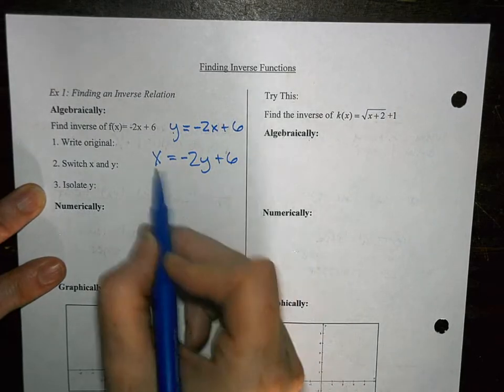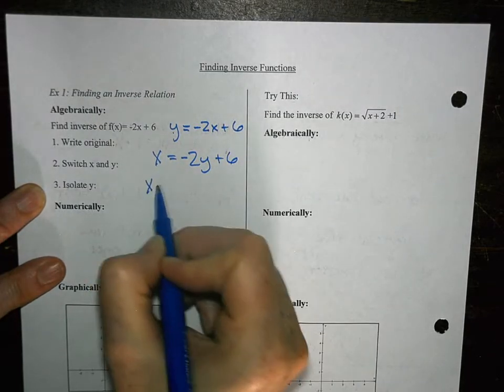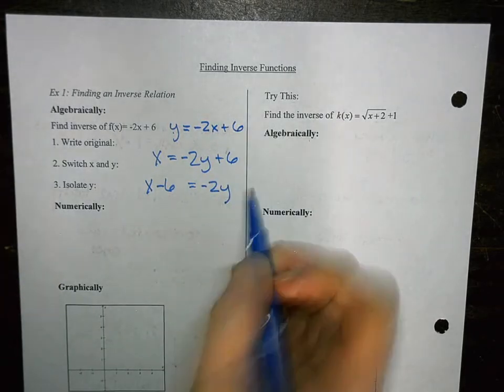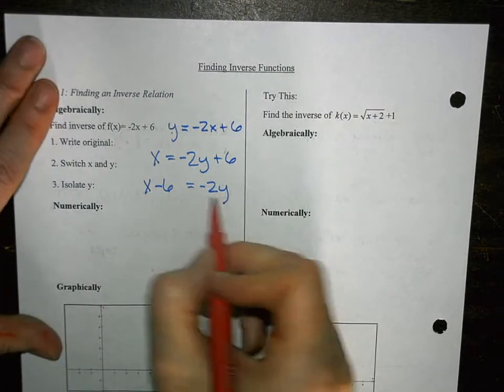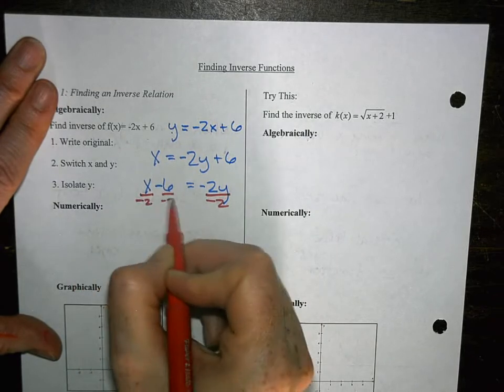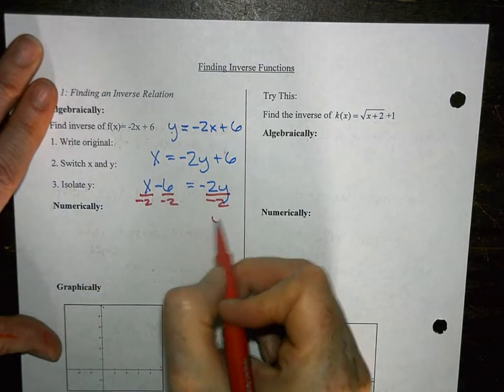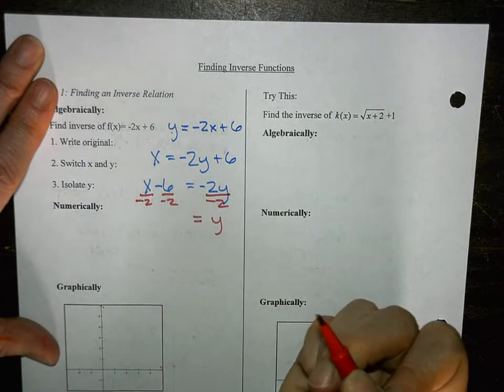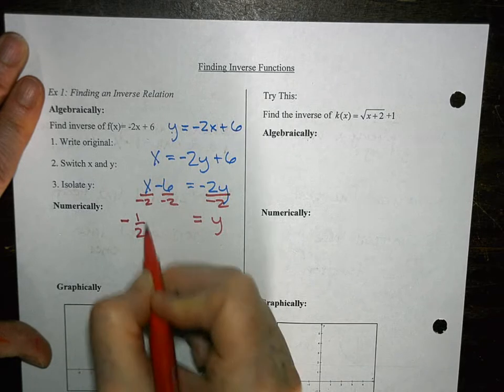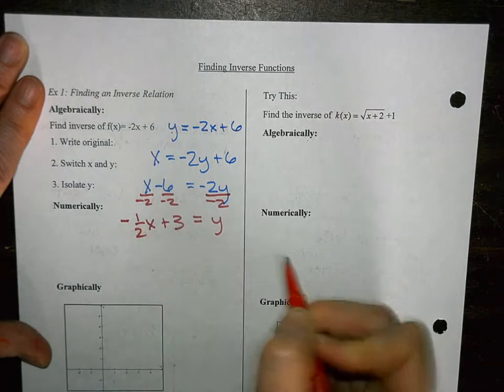So, subtract the 6. x minus 6 equals negative 2y. Divide by negative 2. Everything divides by negative 2, and I get y. I've isolated y equals negative 1/2 x plus 3.